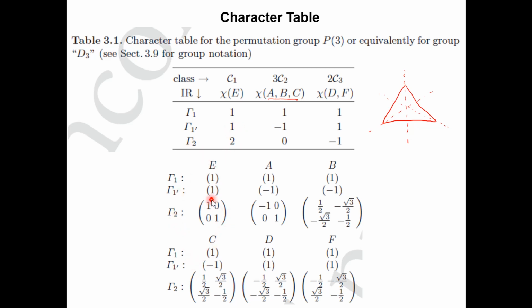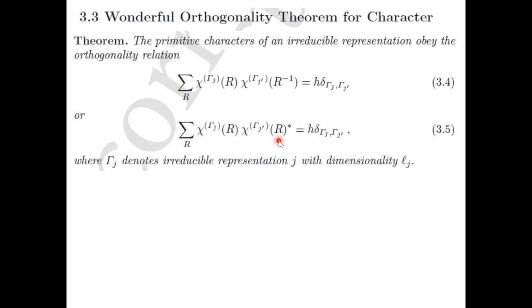And gamma 2 is a two-dimensional representation corresponding to these 2 by 2 matrices. And these are the characters. You can verify that, for instance, the trace of B is 0, so that's why the character corresponding to this class is 0, and you can verify that this table is correct for all group elements. So this is one example of a character table. As I said, it's going to be a very central object in this course. Alright, so now we come to the wonderful orthogonality theorem for characters.